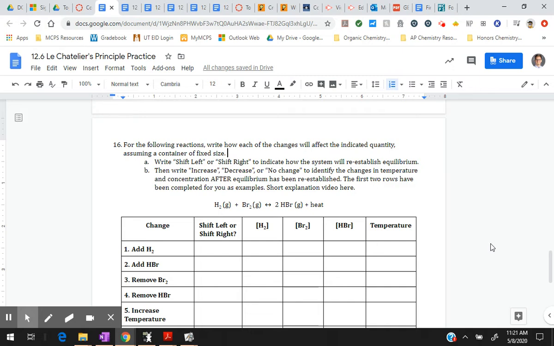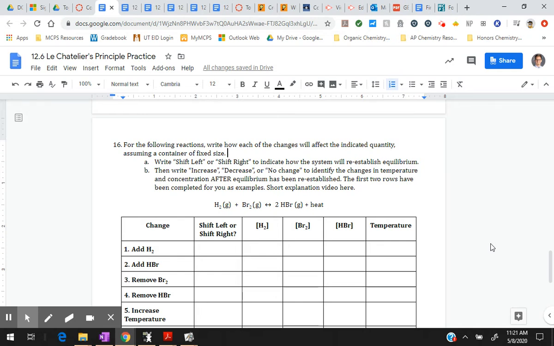Then, in terms of concentrations, we need to write whether the concentration will increase, decrease, or stay the same. And we also will need to apply that to heat because we know heat can be viewed as a reactant or a product depending on the situation.